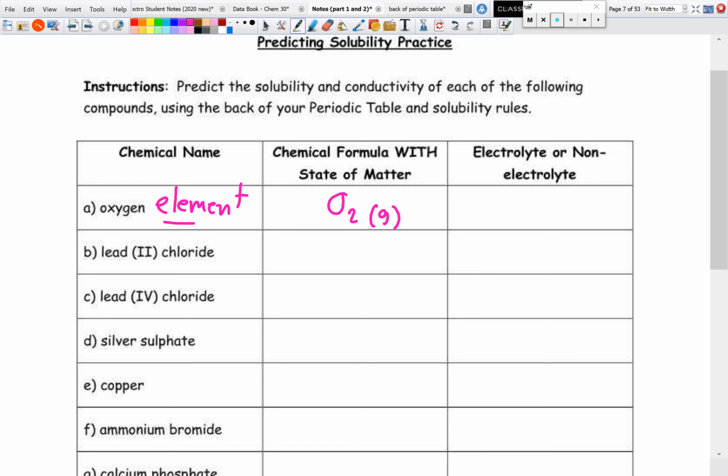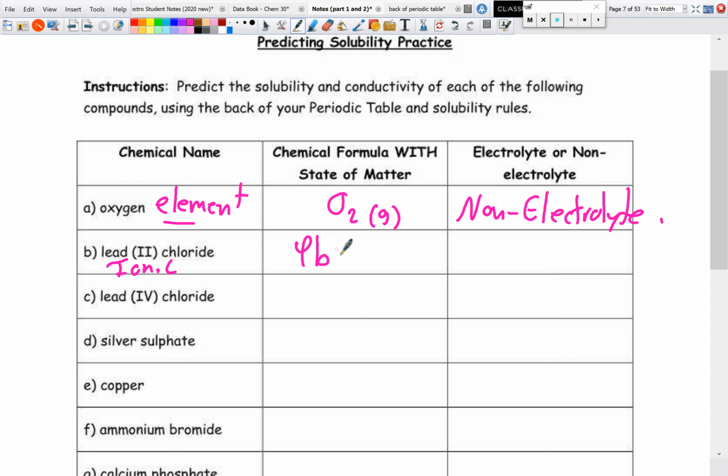So it's just O2, and the state of matter for oxygen is a gas. And then, of course, elements fall in the non-electrolyte category, because based on what we've already learned on the previous page, all elements are going to produce non-electrolytes. Now, as for lead 2 chloride, we know this is ionic.